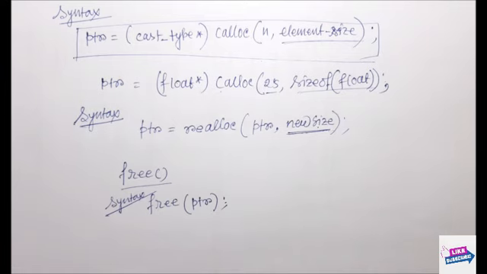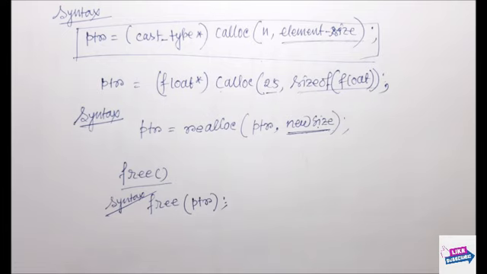And this is all about the allocation, and if I want to reallocate, we use the realloc function. Whenever we are using the malloc, calloc, or realloc function, one thing we have to remember is that for memory which is not used in practice, we go for the free function.